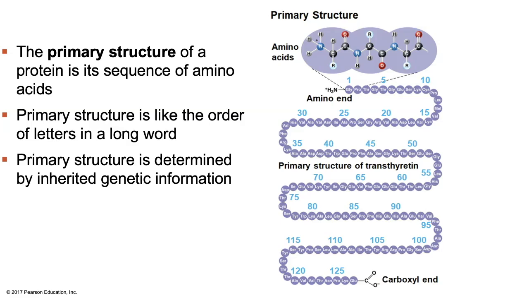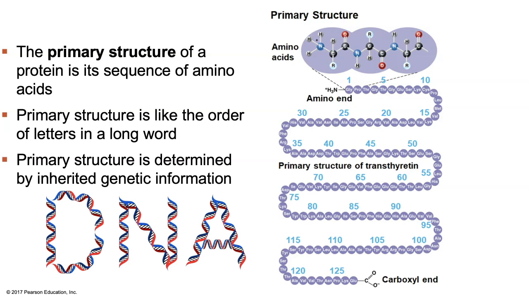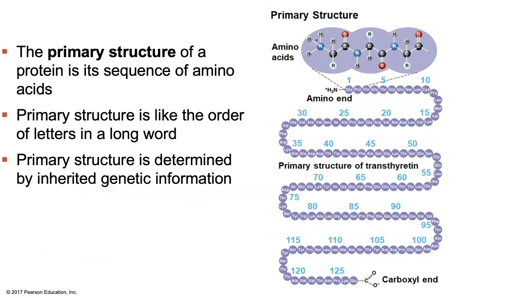So the primary structure of a polypeptide is determined by the inherited genetic information that we have encoded in our DNA. In this image, you can see a polypeptide that is 127 amino acids in length. At the top is the amino or N terminus, while at the bottom we have the carboxyl or C terminus.